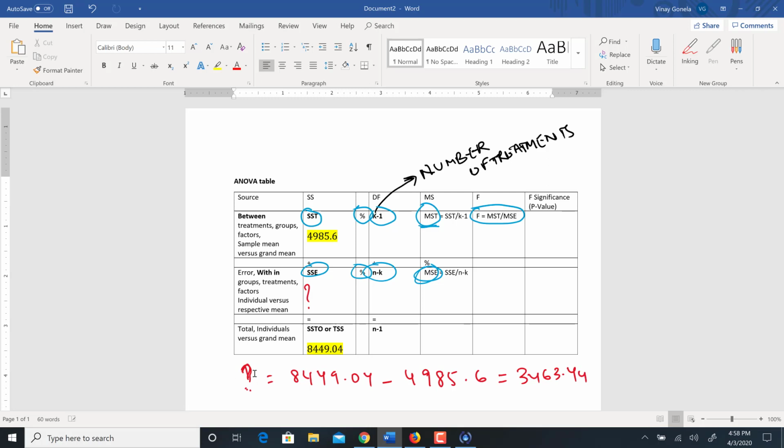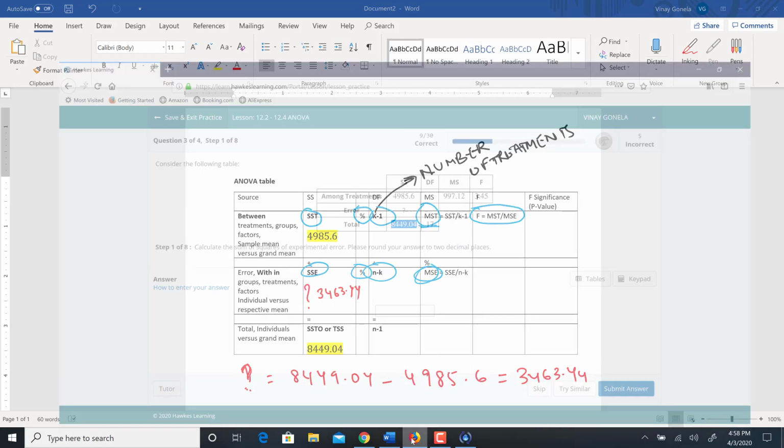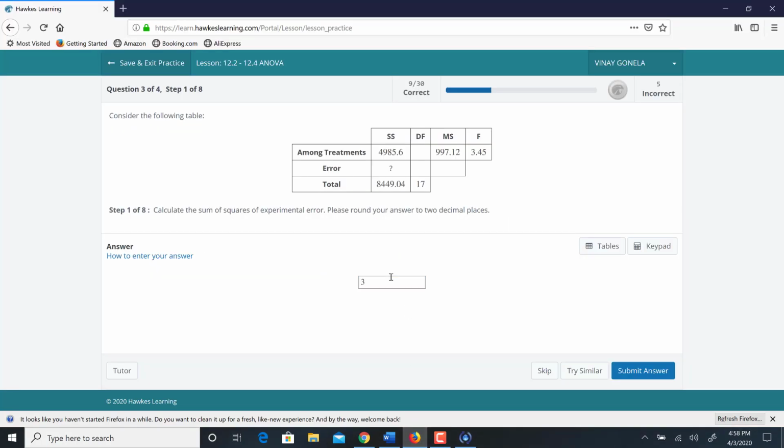That means this value is 3463.44. So that's how you'll be calculating. Let me type in that value, 3463.44 is our value.